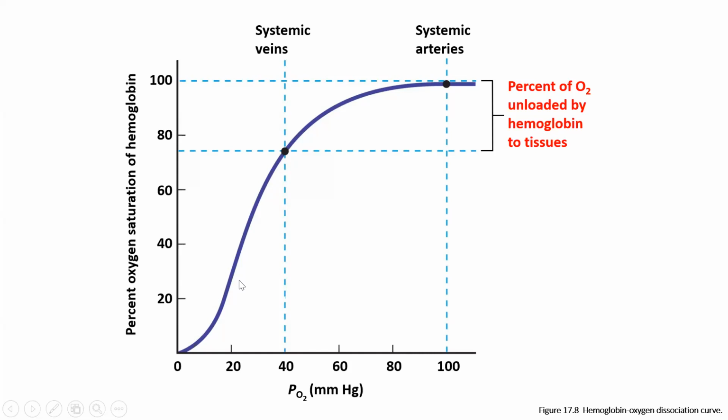And so what that means is that after that first oxygen binds and we're at 25% oxygen saturation, the attraction now increases such that the 2nd, 3rd, and 4th oxygen are going to bind with much more ease than that first oxygen did. All right, and that was what we mean by that cooperative binding.